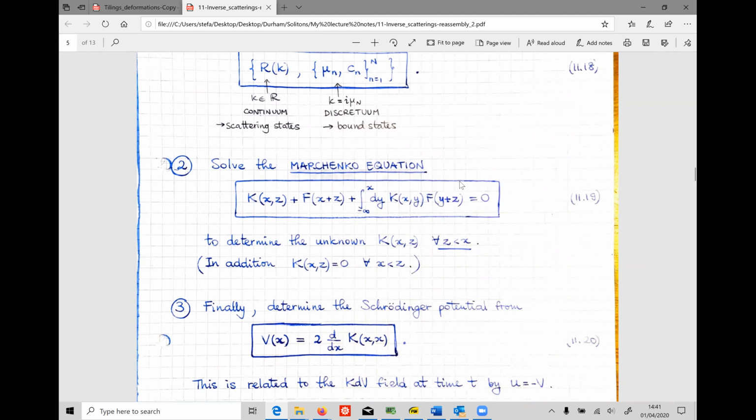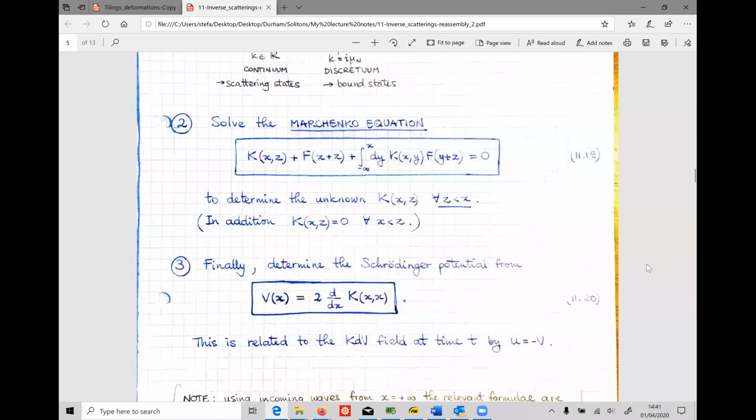And even though f essentially is a linear superposition of different contributions coming from the discrete and continuous part of the spectrum, when you solve equation 11.19, the resulting integral kernel k will not be a linear superposition of different contributions coming from the discrete and the continuous part of the spectrum, and therefore the same will hold for V. So the nonlinearity here is due to equation 11.19, which is the Marchenko equation.